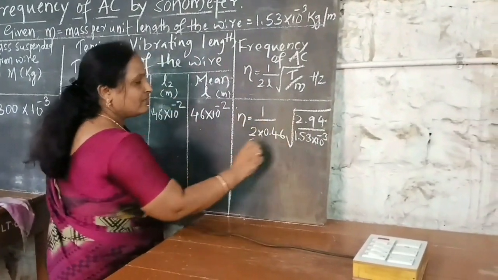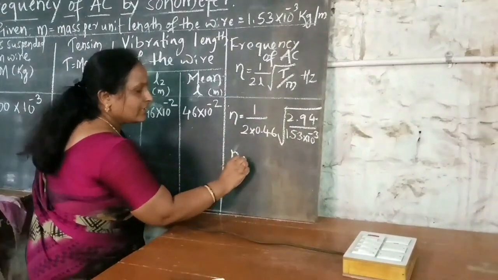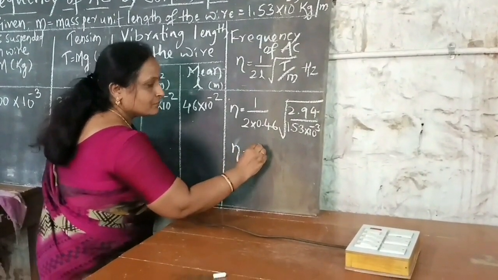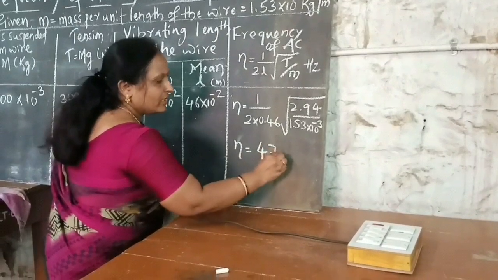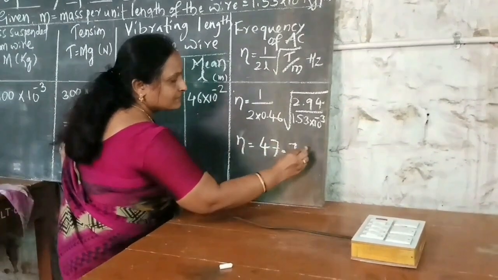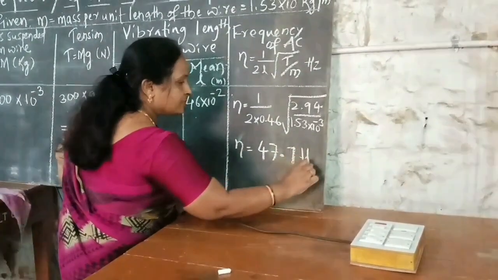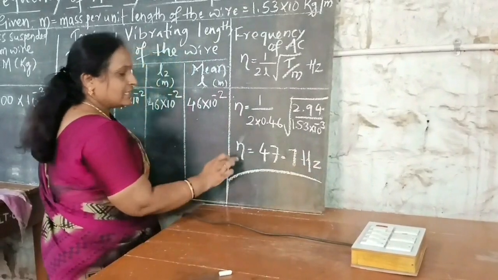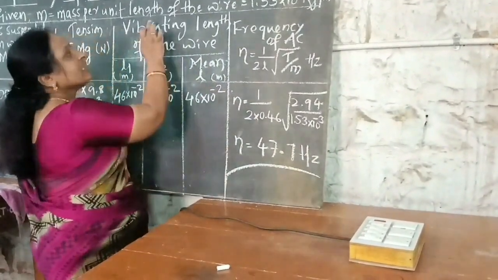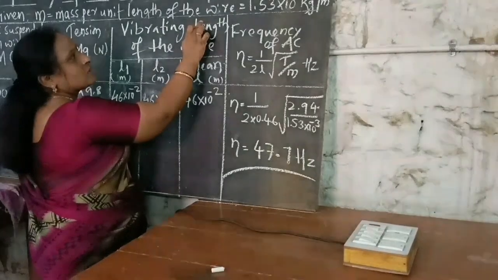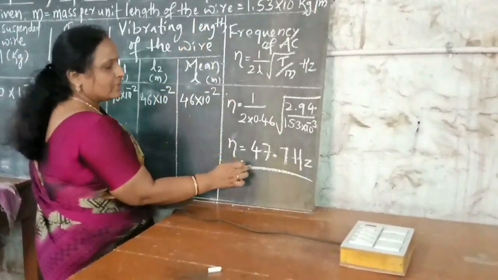After simplification you will get N is equal to 47.79 hertz. This is the frequency of the AC source using sonometer.